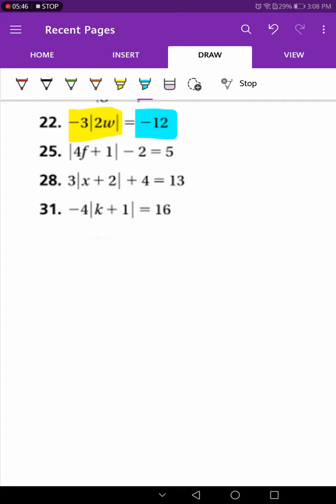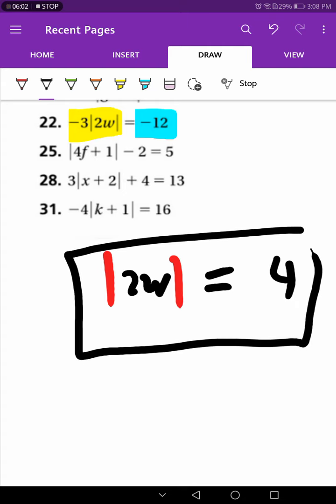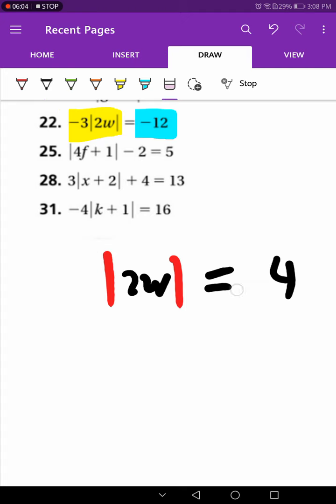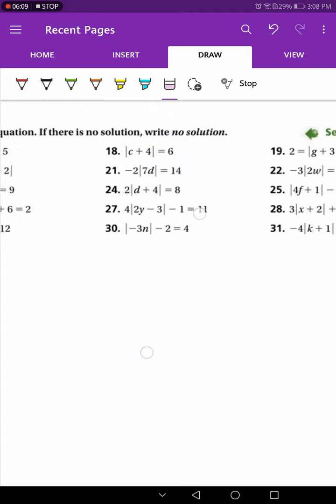But you cannot say that until you make the absolute value alone with the 2w. Check after you eliminate what you get here. You get a positive, so you can release the w. This is 22.